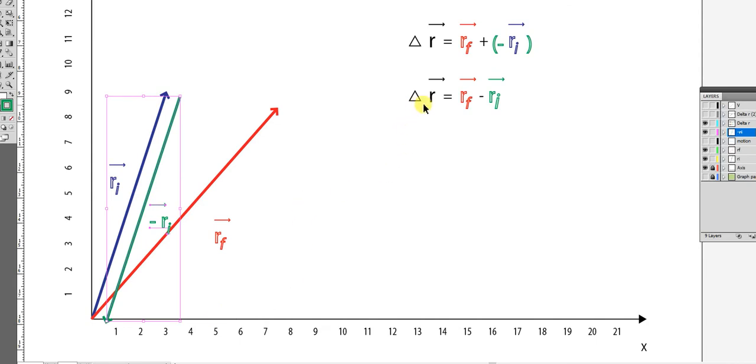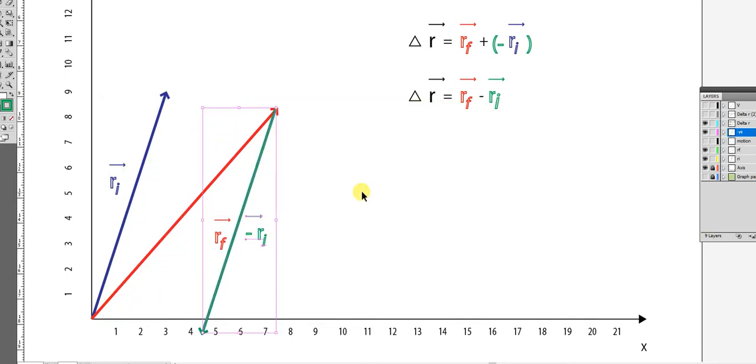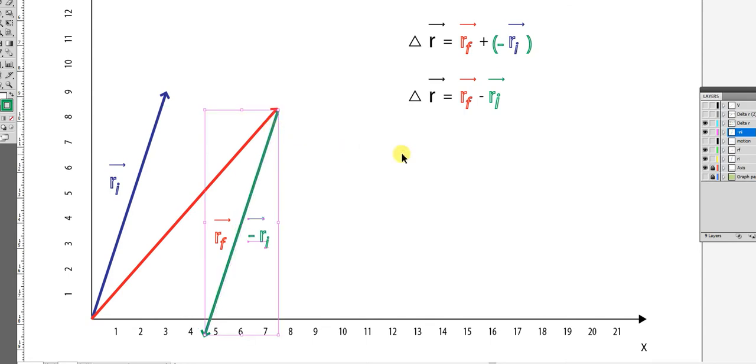Okay, so let's find delta r. So r final plus minus r initial, tail to head. This is first tail, head, and then we bring the second tail to the head as we did before.